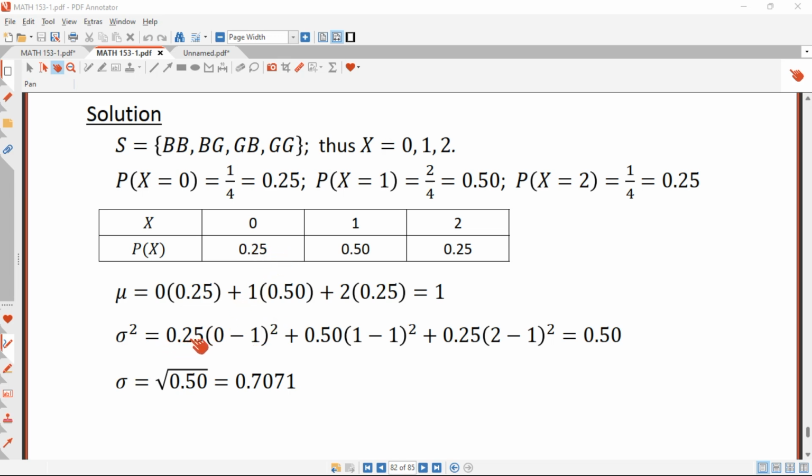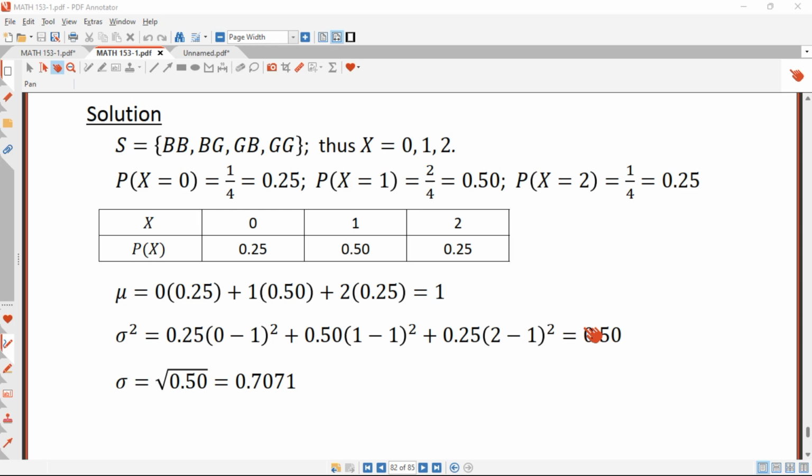So here will be 0.25 times (0 minus 1) all squared, plus 0.5 times (1 minus 1), because here our random variable is 1 and the mean is 1. So you subtract, all squared, plus 0.25 times (2 minus 1), where the random variable here is 2 and our mean is 1, all squared, times 0.25. When you add everything, you are going to get 0.50 to be our variance.